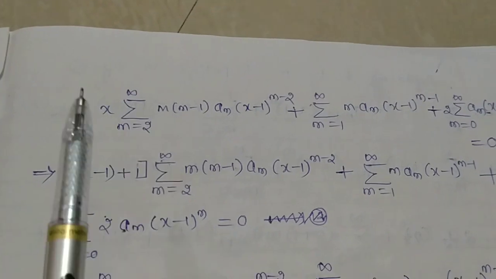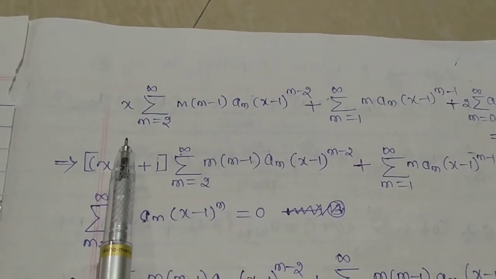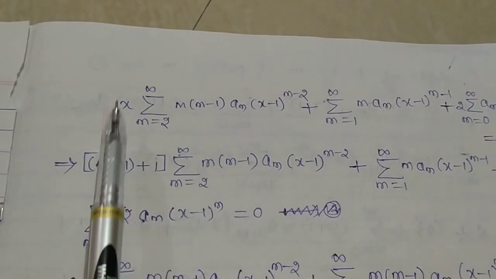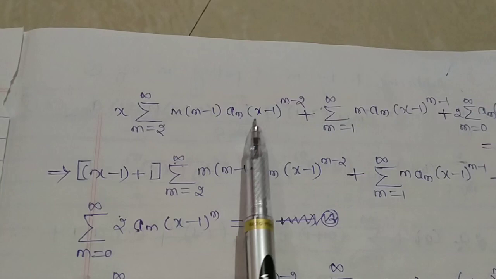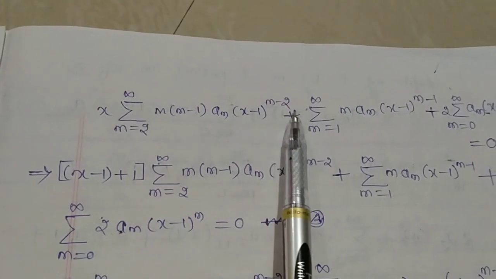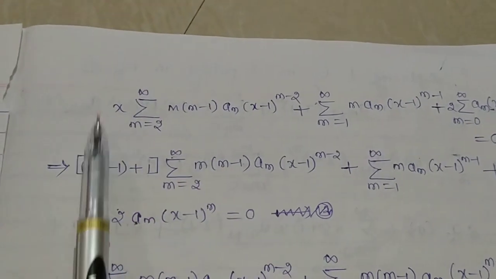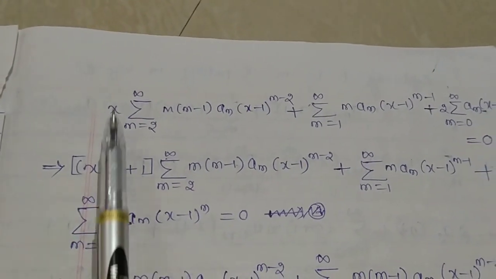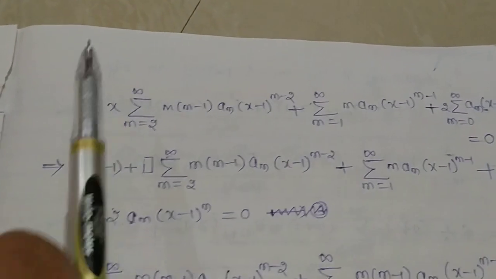Now I have to make this x in the form of x minus 1, because if I take that in the form of x minus 1, then I can convert the power of x minus 1 to the power m minus 2 to the other power. For that I have to make this x as x minus 1. For that I will subtract and add 1 in this x.